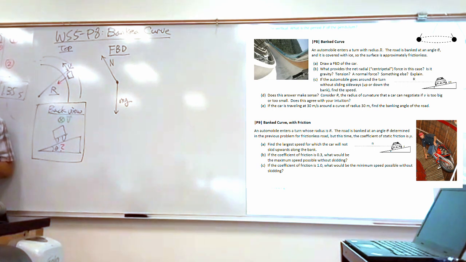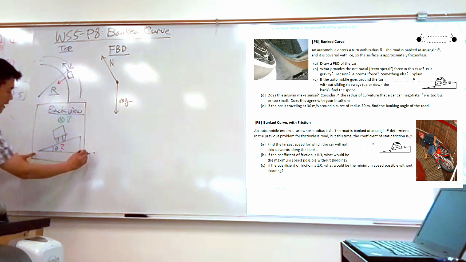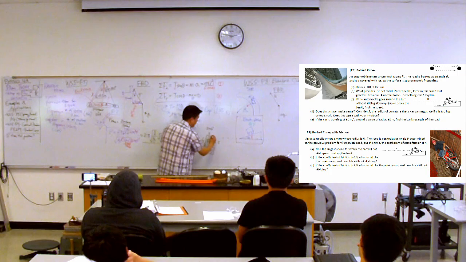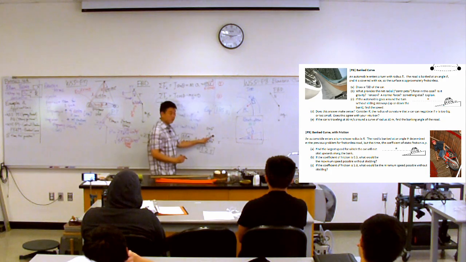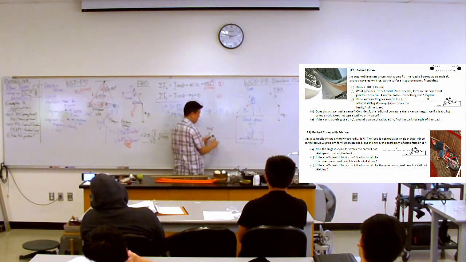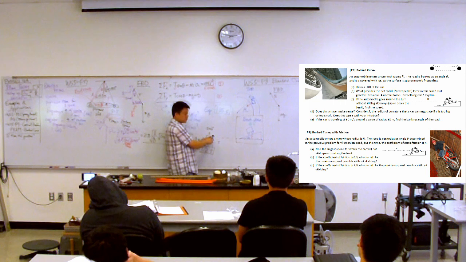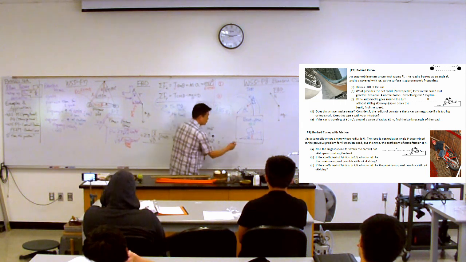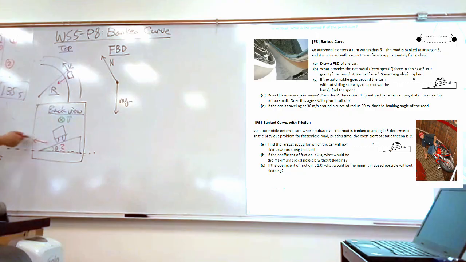Yeah, so this is where I want you to imagine where the center of this circle is. On this back view, the center of the circle essentially would be, you imagine extending this baseline to however far the radius is, and this is where the center of the circle is. All right? If you go down the hill, are you pointing to the center? No. You're not. So in order to point to the center, your acceleration has to be pointed horizontal.